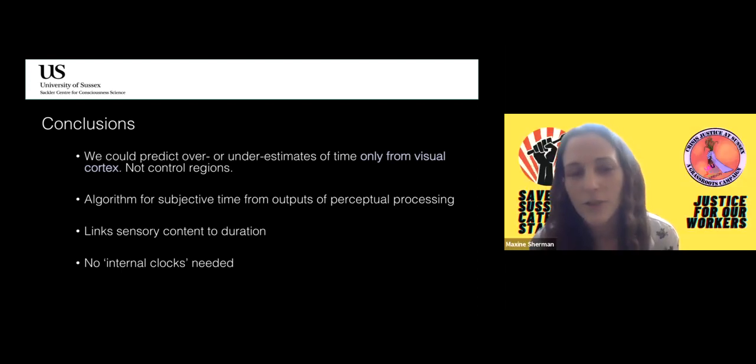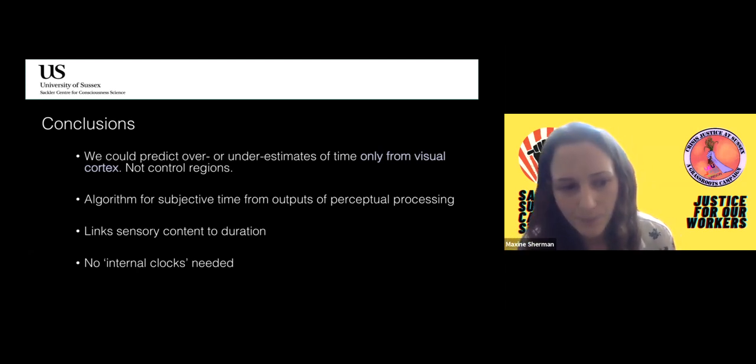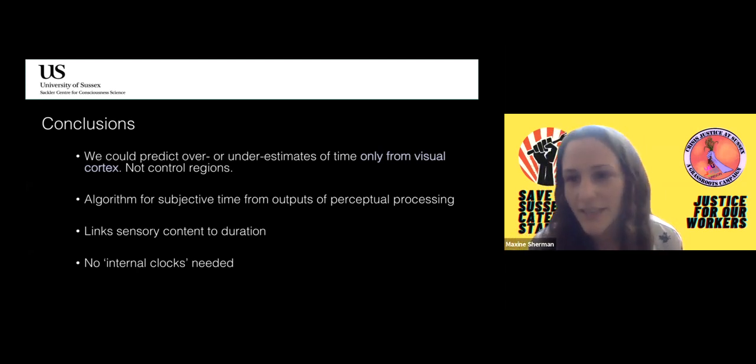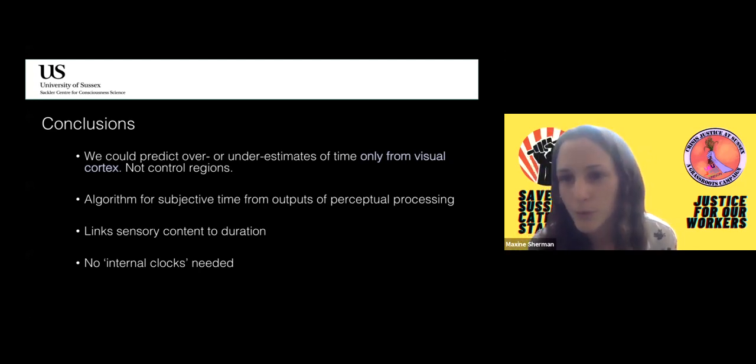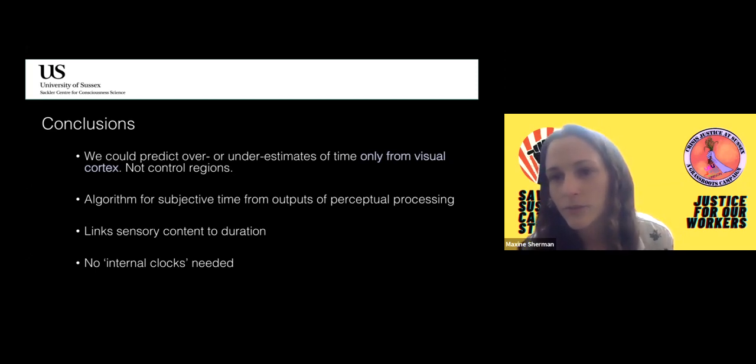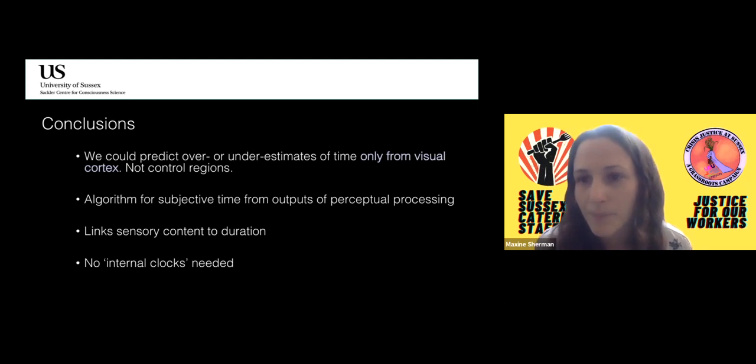Absolutely. So we did not, because that's the whole idea. These changes, say low-level contrast changes, because there's more going on, because you're moving, etc., are exactly the kinds of drivers of overestimating time.